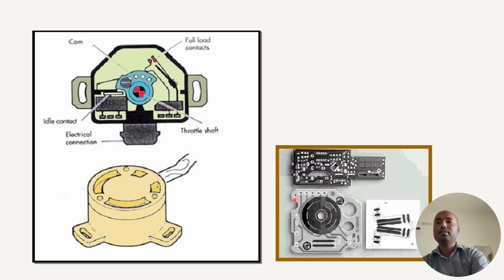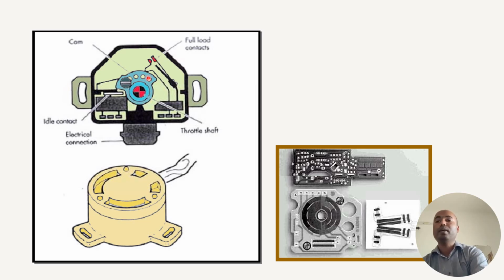And the last one is the full load contact breaker. Even if you are giving full throttle, the engine is demanding full load enrichment. So how can the engine understand this? These contact breakers slide over the cam. At the end of this cam, there is a raised position. This raised position makes contact with these contact breakers.